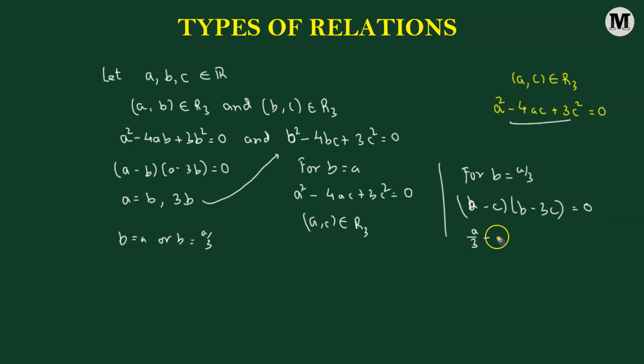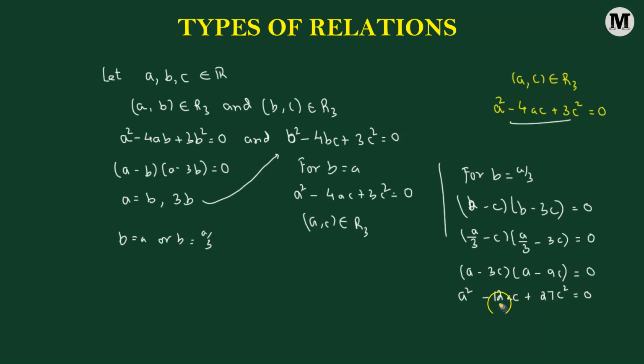We get (a over 3 minus c) multiplied by (a over 3 minus 3c) equals 0. We multiply throughout by 9, so we get (a minus 3c) multiplied by (a minus 9c) equals 0. When we distribute, we get a squared minus 12ac plus 27c squared equals 0.